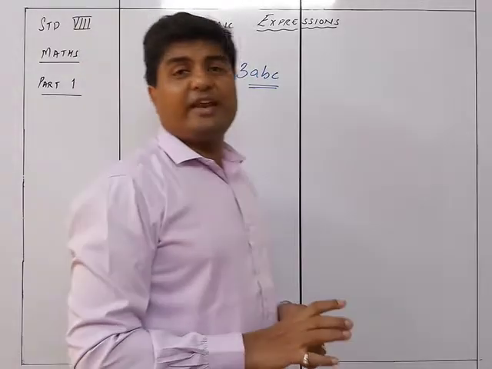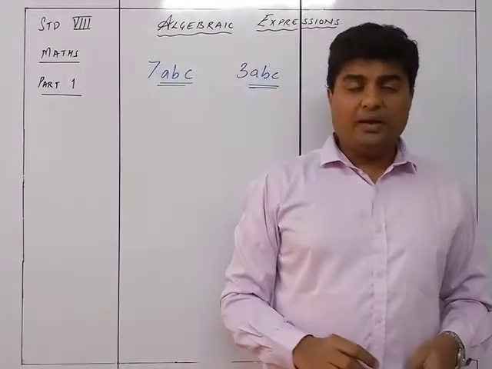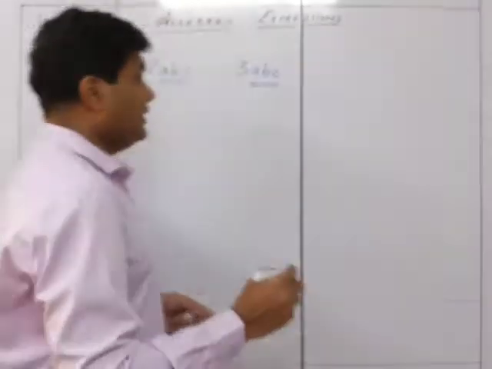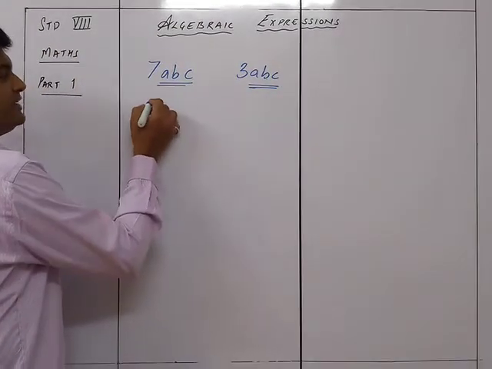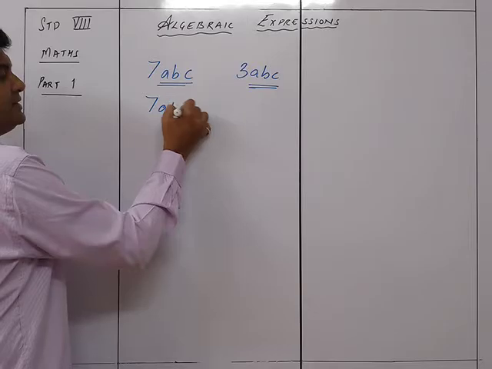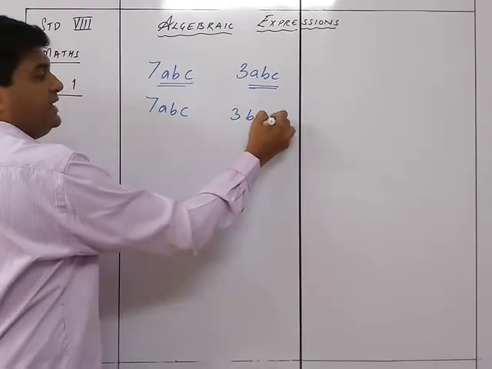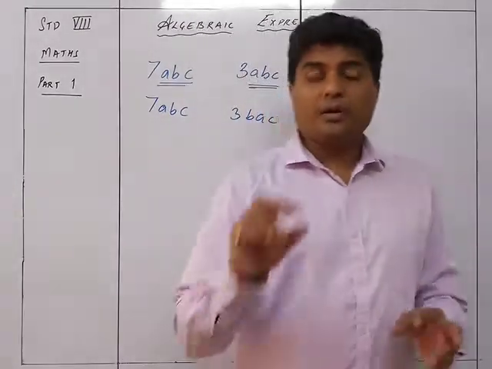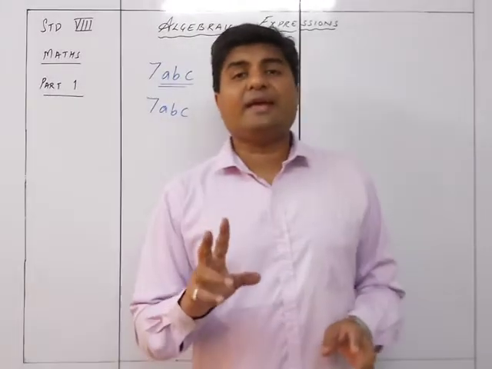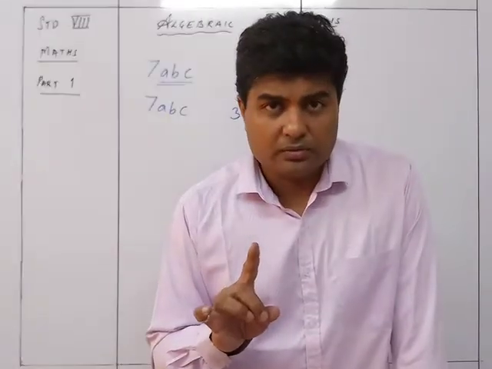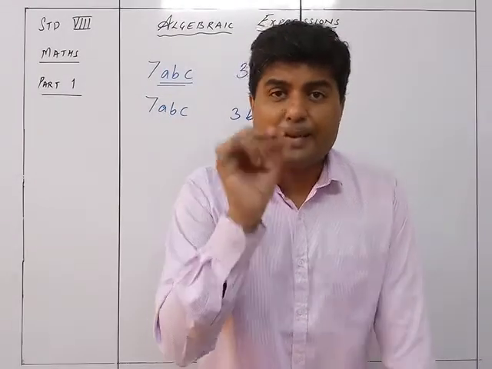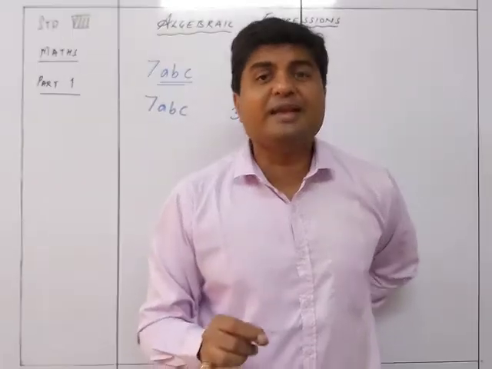Because both the variables are the same, both the terms are like terms. So much so that if this is 7ABC but this is 7BAC, still they are like terms. The sequence in which they are kept is not important. It is the same variables being there that is important.